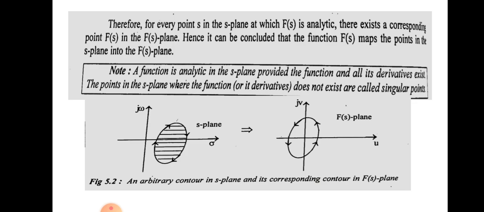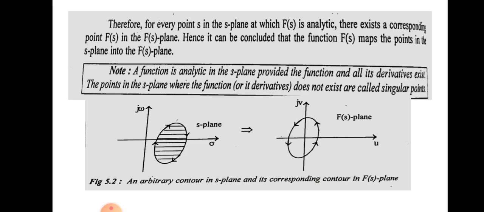The points in the s plane where the function or derivative does not exist are called singular points. So F(s) is an analytic function only when the function F(s) and its derivative exist at that point. If its derivative does not exist, then that point is called a singular point.